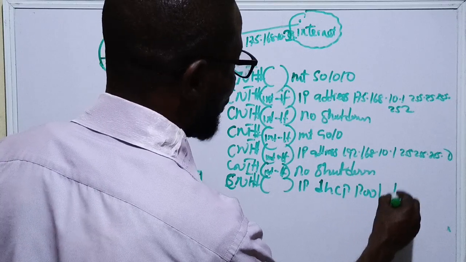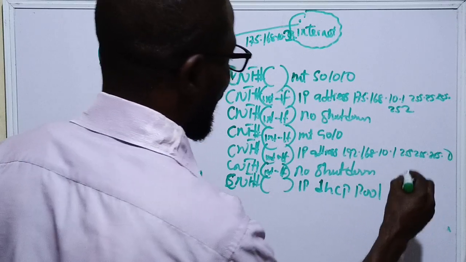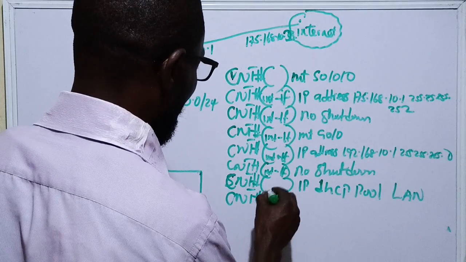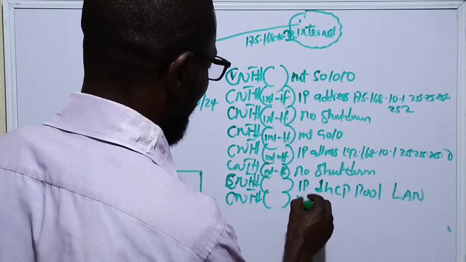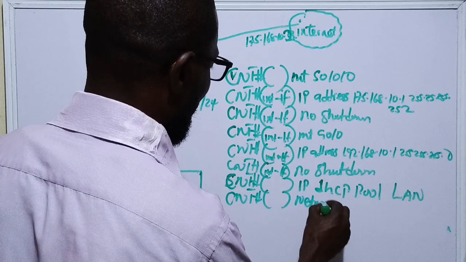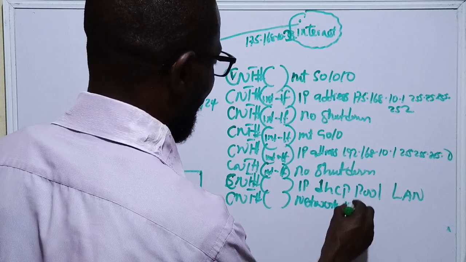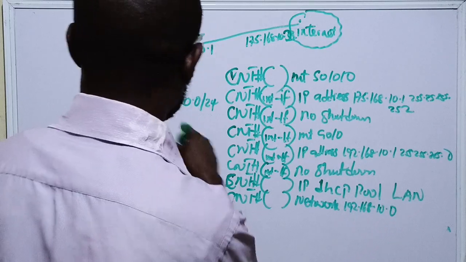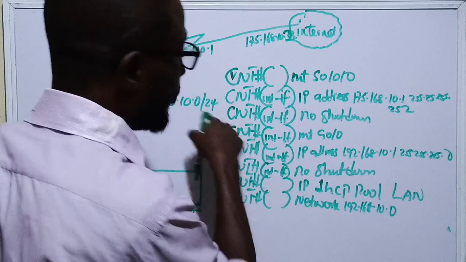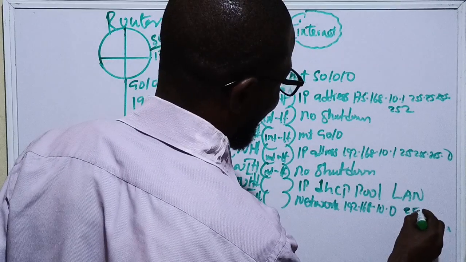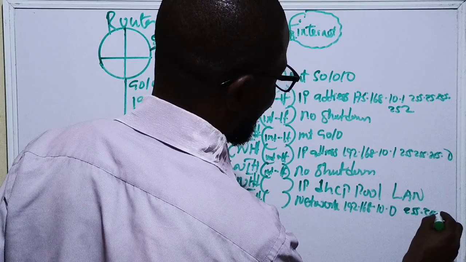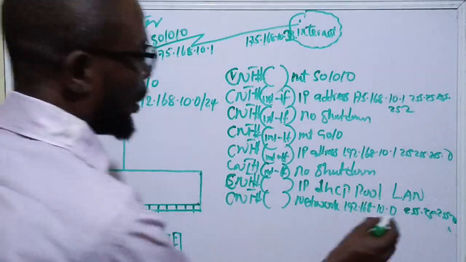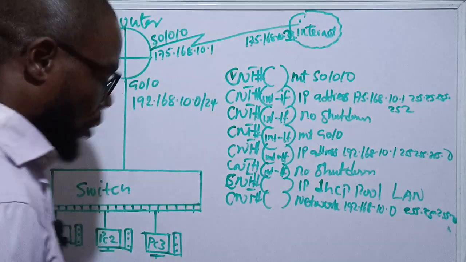You name the pool LAN, okay. You hit enter, then you do this: network 192.168.10.0 255.255.255.0, which is a 24-bit mask.